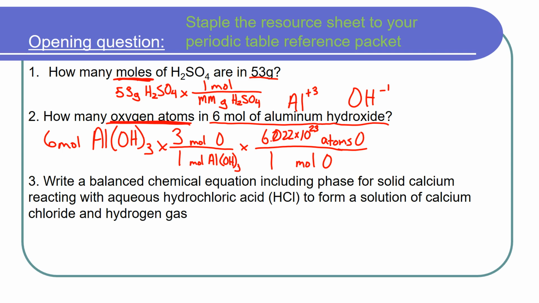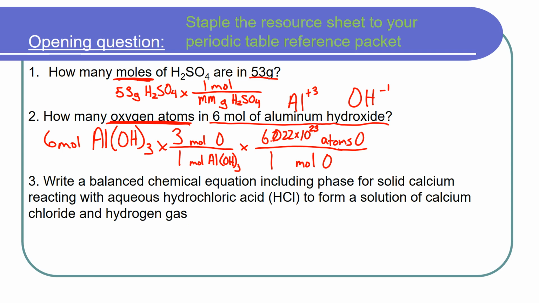So every one of those steps to get there is in your periodic table reference packet. Avogadro's number is listed there. The polyatomic ions are listed there. The charges, you should be able to use the periodic table to get there. These are all skills that we've done over the past few weeks.